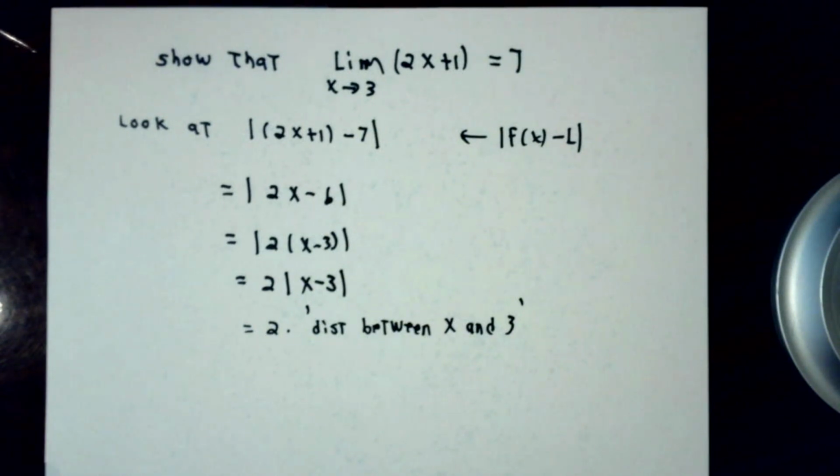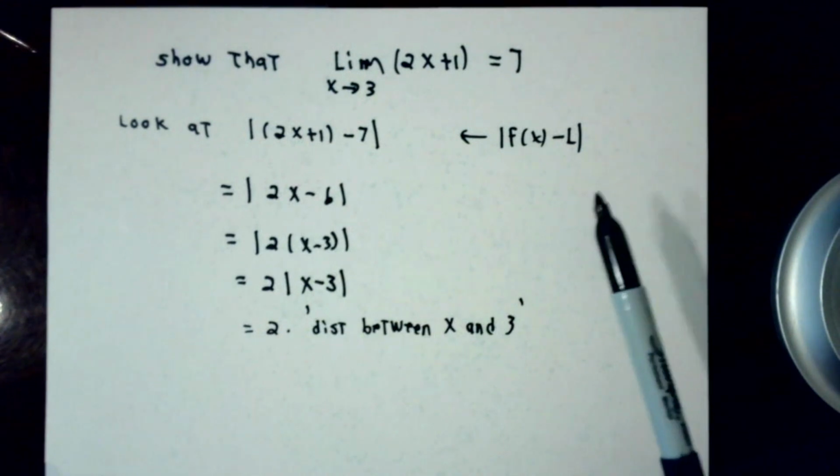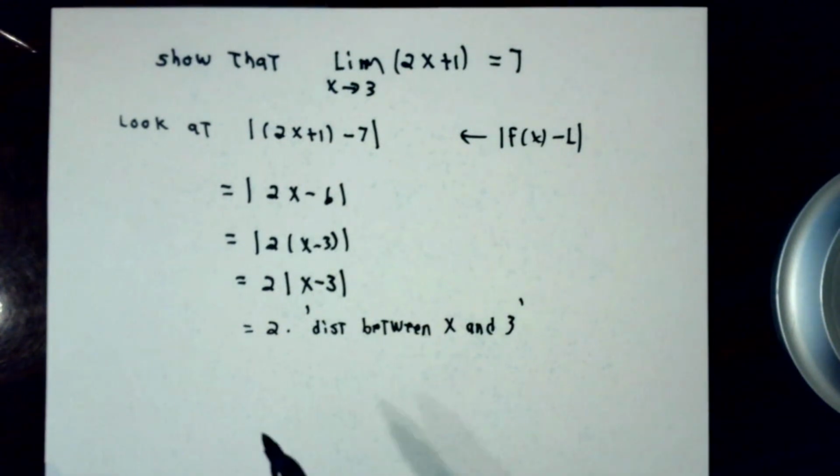So my problem is that I want to guarantee that this number, which is equal to this number, is less than epsilon by virtue of making the distance between x and 3 small enough. And I have to tell you what I mean by exactly how small enough.